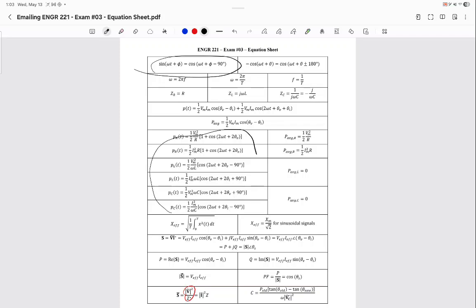Should I go for these guys or no? The very bottom left. This guy?